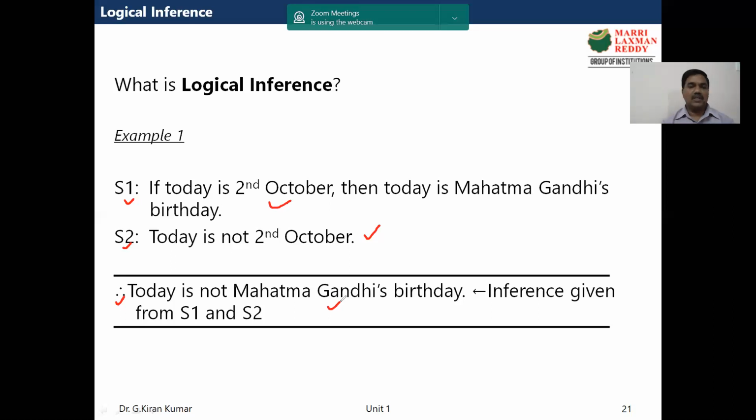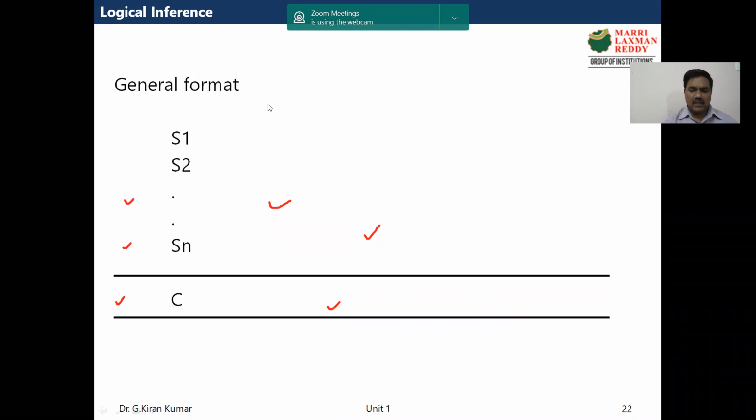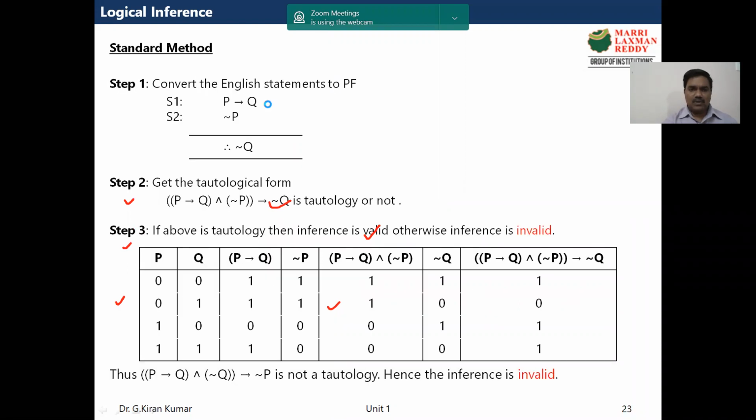So there is a procedure. Let us discuss that now. So what is this logical inference concept? We'll be getting a set of statements. Of course, in this example there are only two statements, but it could be any number of statements. The general format of logical inference is as follows.